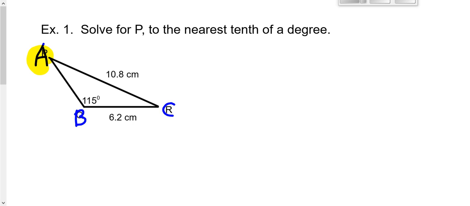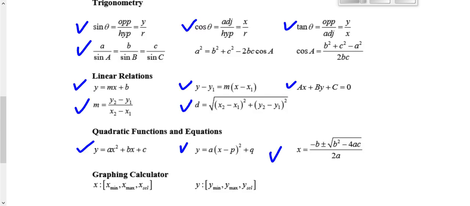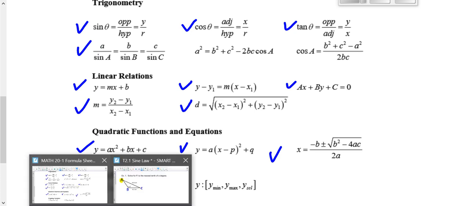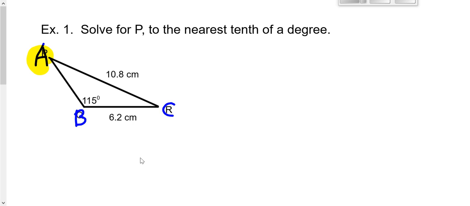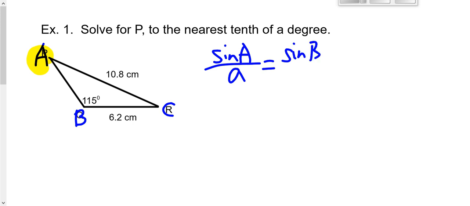In this case, we are solving for an angle. Uppercase letter, that's the angle. So for our sine law, I'll flip this upside down, to the form that I just showed you on the previous slide. So sine A over a equals sine B over b equals sine C over c.